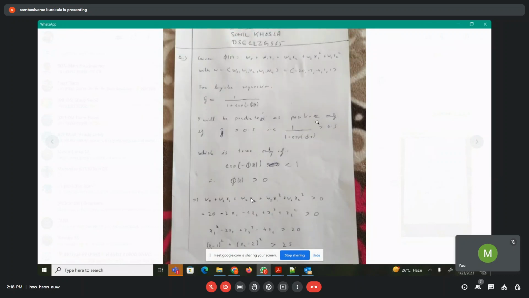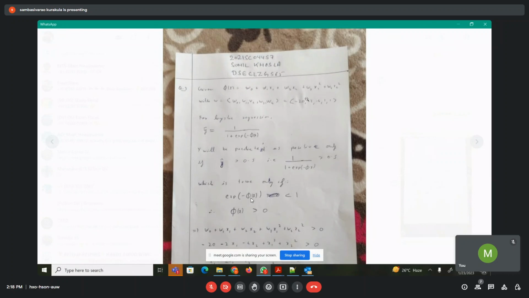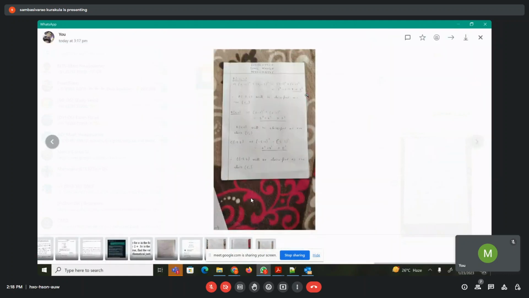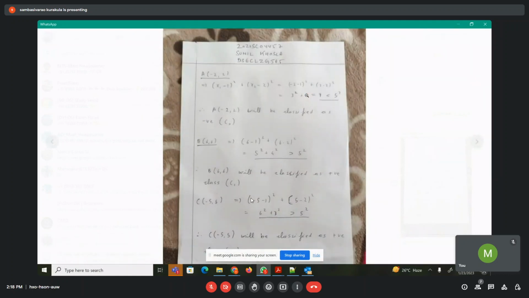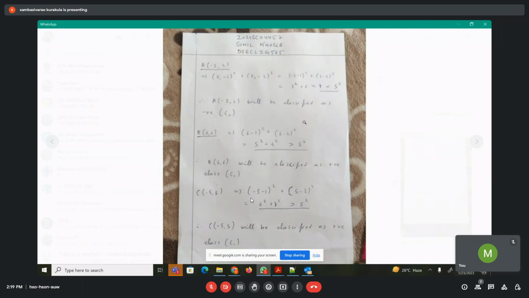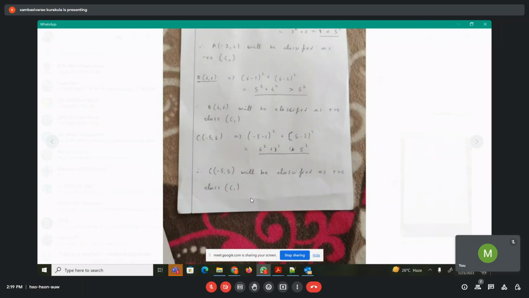Like that, you can substitute the w values and x values into the equation, and you will definitely get what we got on this third page: 0, 1, 1. That means you will get 0 for minus 2 comma 2, and you get 1 for these two, 6 comma 6 and minus 5 comma 5.